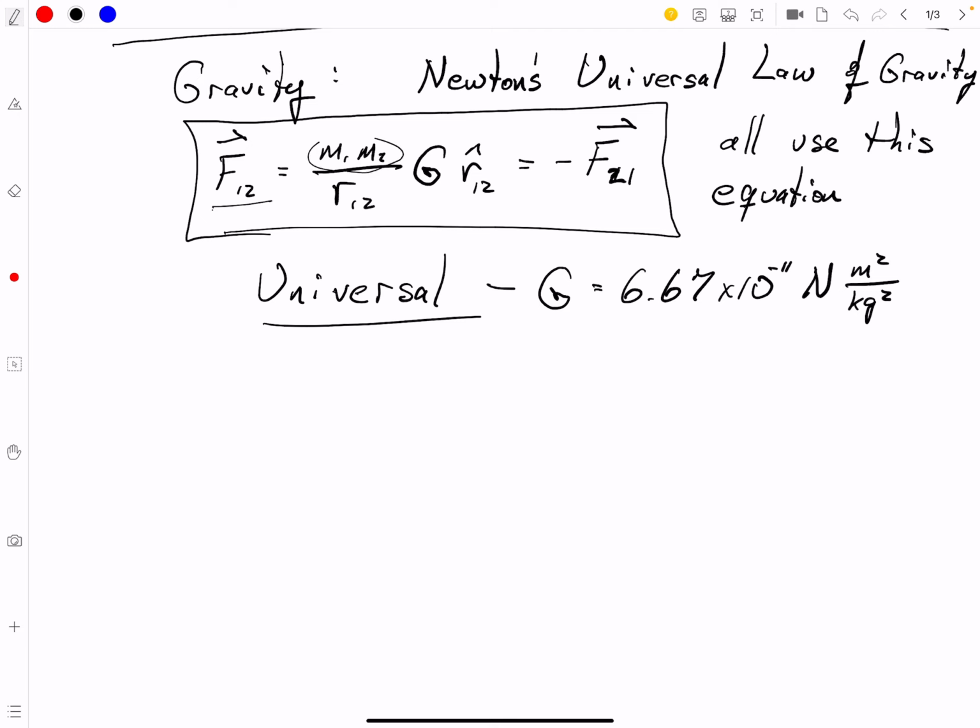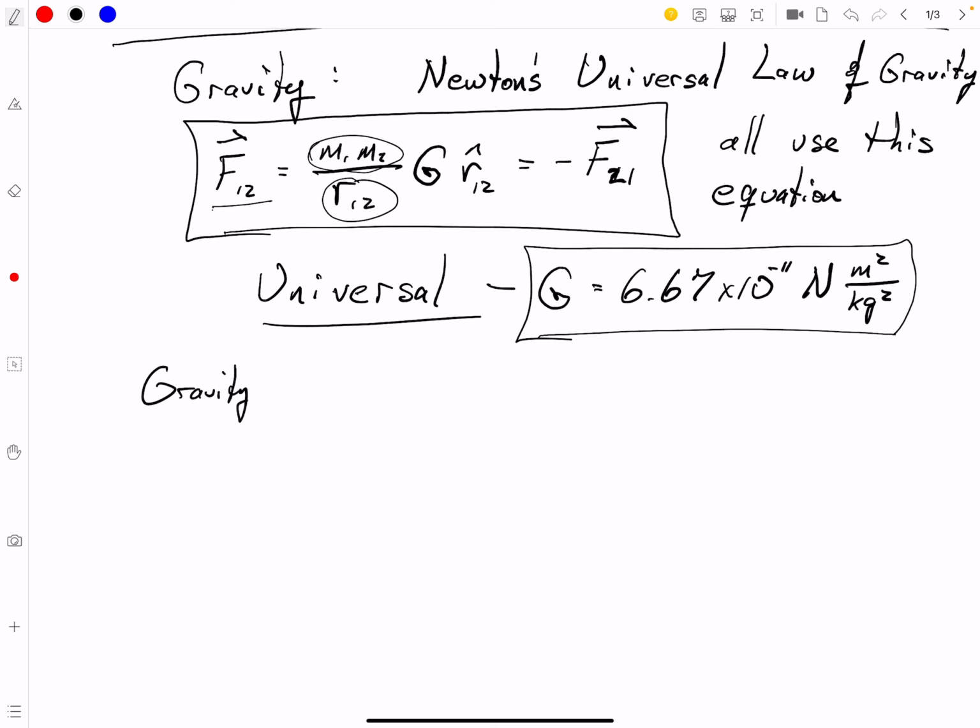Because we want newtons, the kilogram squared and meters squared get divided out. So that's our units on G. This will be needed. And now we can talk about gravity near Earth's surface.